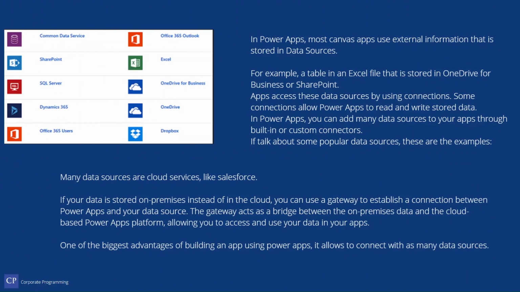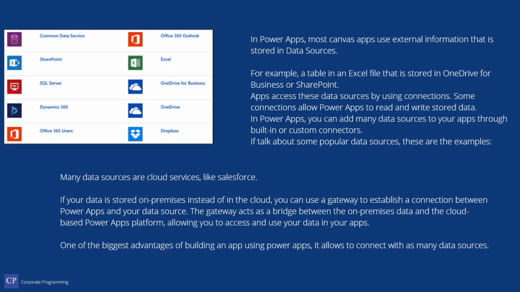In Power Apps, most Canvas apps use external information that is stored in data sources. For example, a table in an Excel file that is stored in OneDrive for Business or SharePoint. Apps access these data sources by using connections, which I demonstrated in my previous video, showing how you can make a connection to the data source.